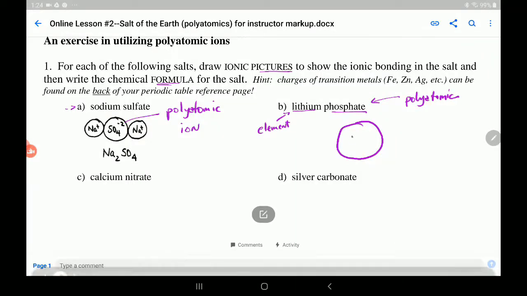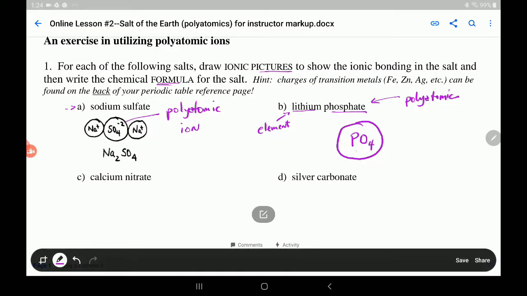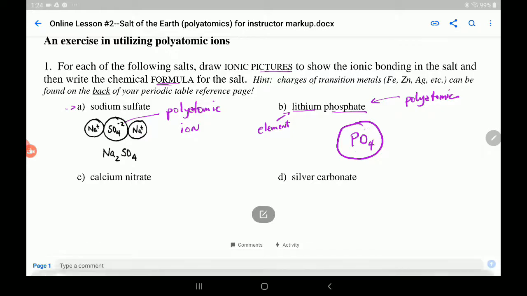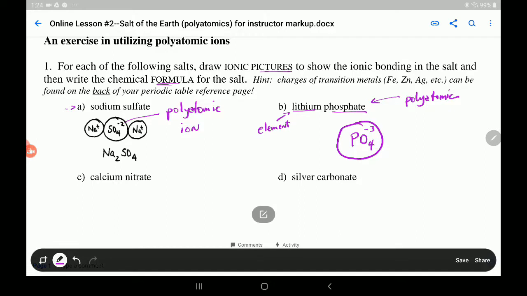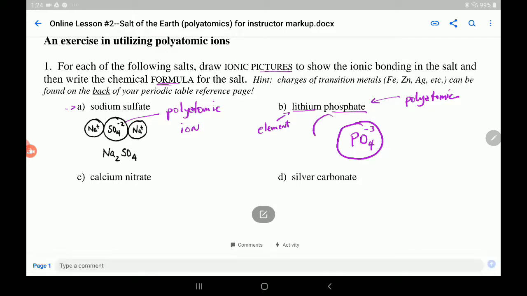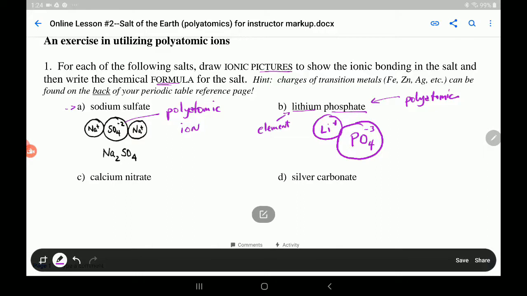So here is phosphate. That is like sulfate. It's 5 atoms. Charge is -3. Lithium, on the other hand, just Li, it's 1 atom. Charge is +1 if you read your periodic table correctly.